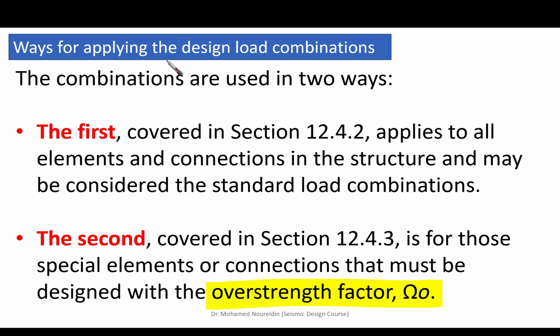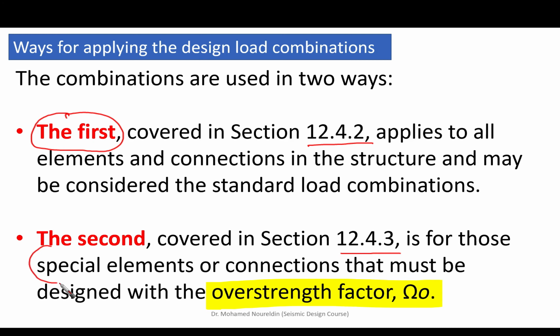Ways for applying the design load combinations. We actually have two ways for the application. The first, which is covered under section 12.4.2, applies to all elements and connections. We are going to design all of the elements and connections in the structure, and these may be considered the standard load combinations. The second, covered in section 12.4.3, is for special elements.